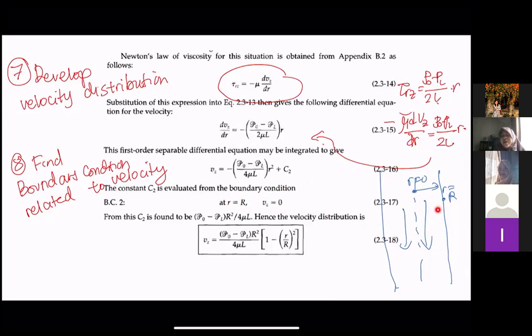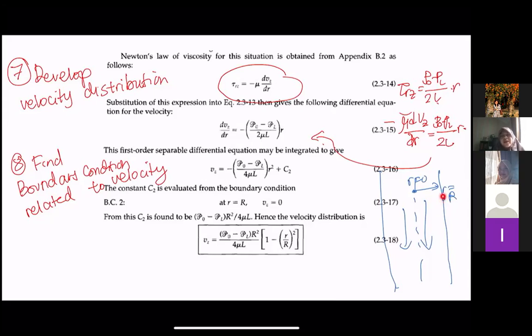Why? Because when you have the fluid flowing, and the fluid is on the wall, and the wall is stationary, diam, the velocity of the fluid will be similar to the velocity of the solid. So if you have a stationary solid surface, then the fluid also would be 0.